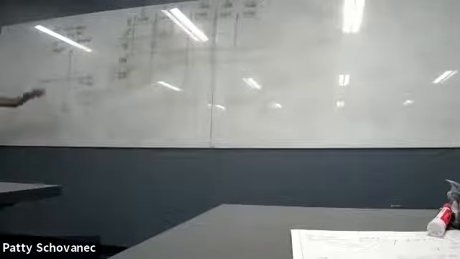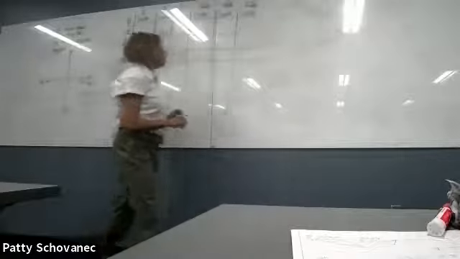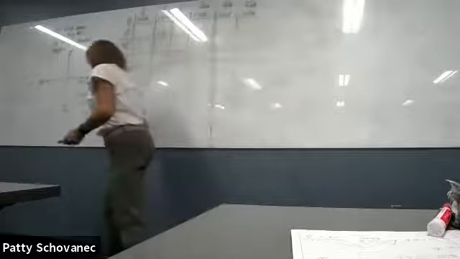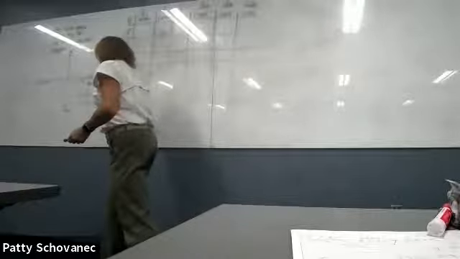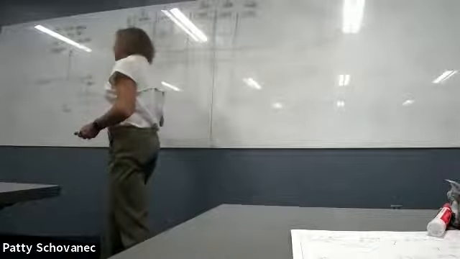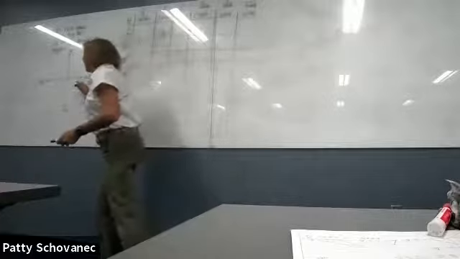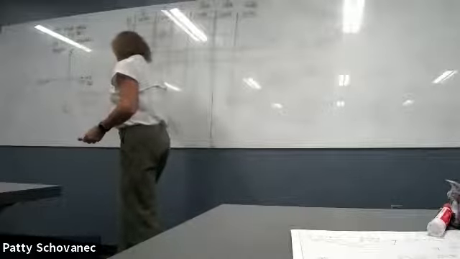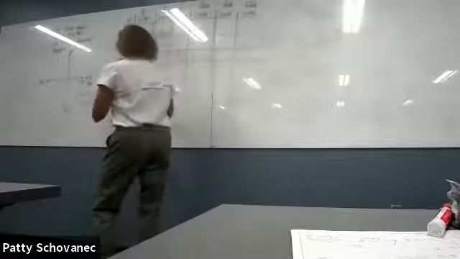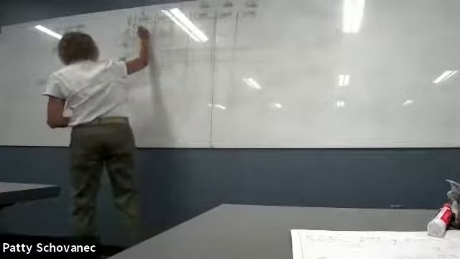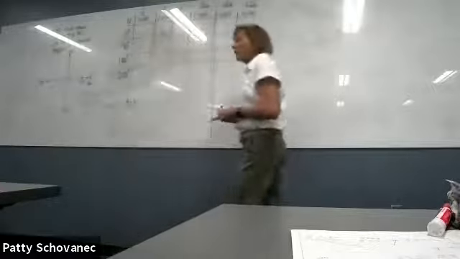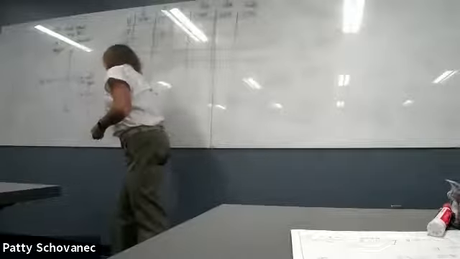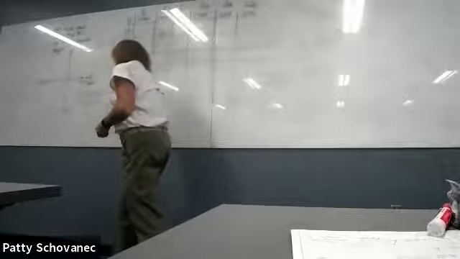Use those numbers and tell me what is the sine of 0 degrees. Y divided by x. I'm sorry, y divided by r. 0 divided by 2. That is 0. Cosine of 0 degrees is x divided by r.